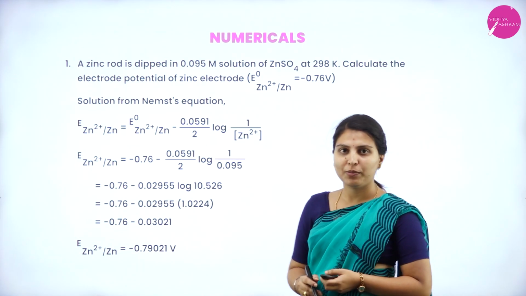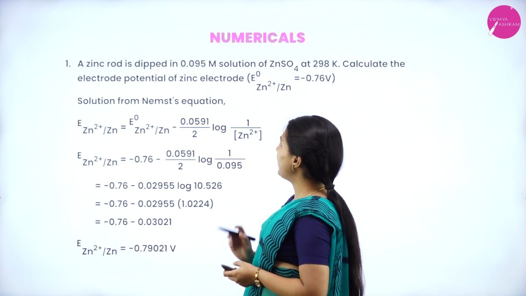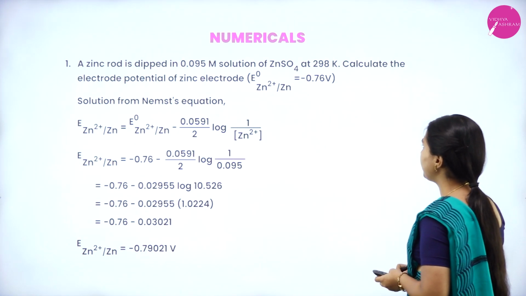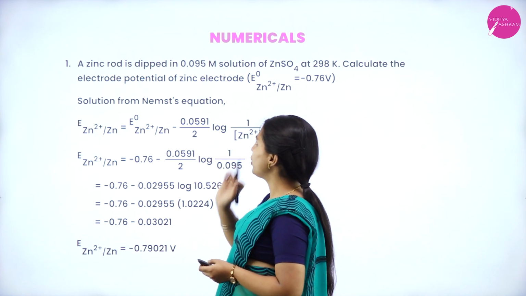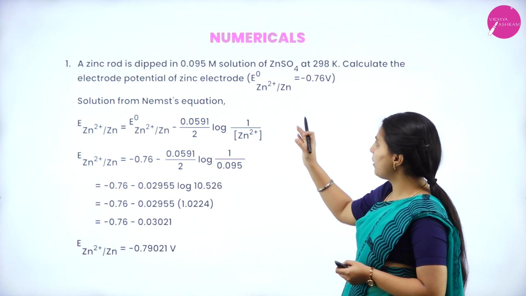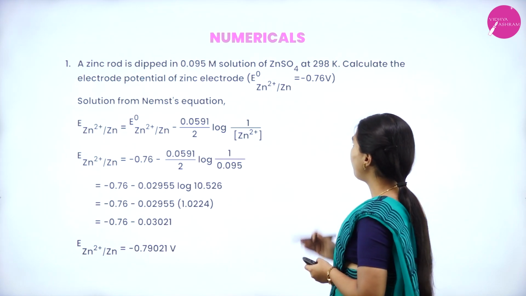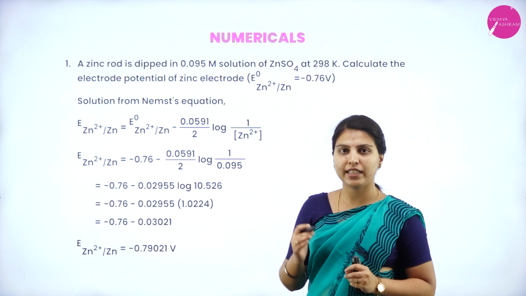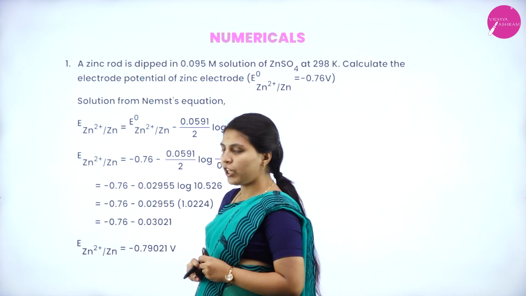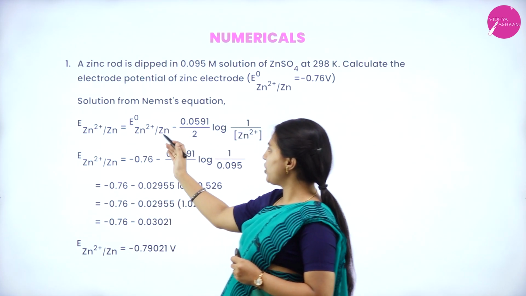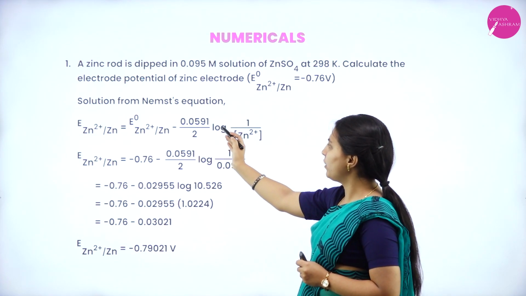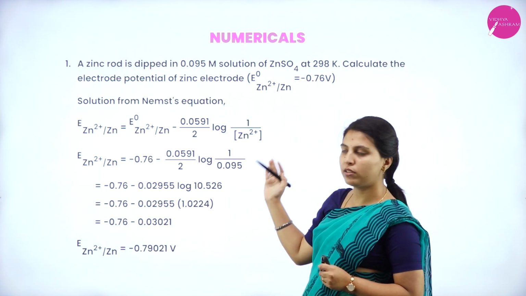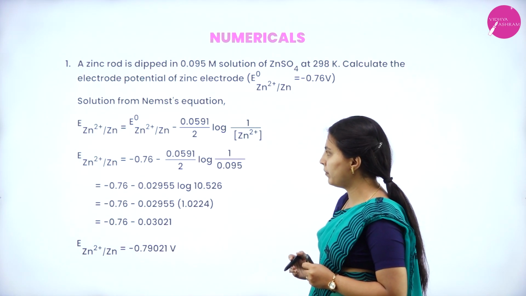Now, we will see the numericals. A zinc rod is dipped in 0.095 molar solution of zinc sulfate at 298 Kelvin. Calculate the electrode potential of the zinc electrode, which has a standard potential of minus 0.76 volts. We have to analyze it through the Nernst equation. The potential of the cell will be equivalent to the electrode potential minus 0.0591 divided by 2 into log of 1 by the concentration of the reactant.